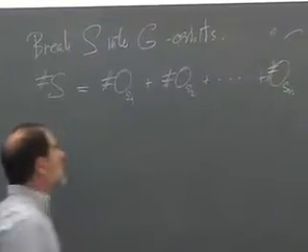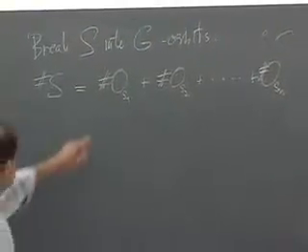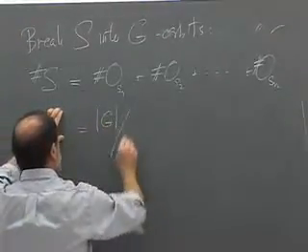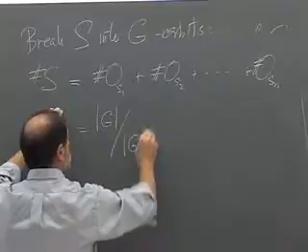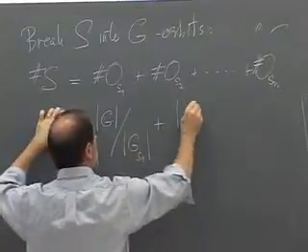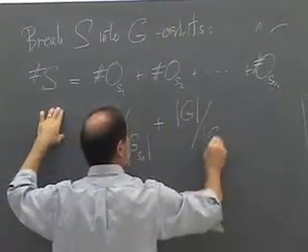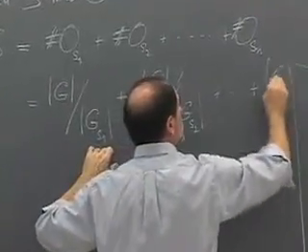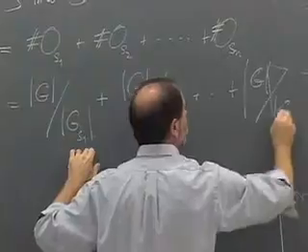On each orbit, the group acts transitively. So the first orbit has size the order of G divided by the stabilizer of S1, and the second orbit has size the order of G divided by the stabilizer of S2, down to the order of G divided by the stabilizer of Sn.